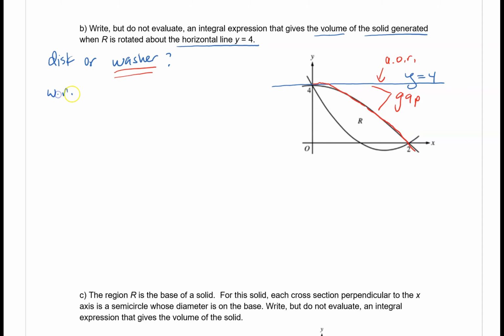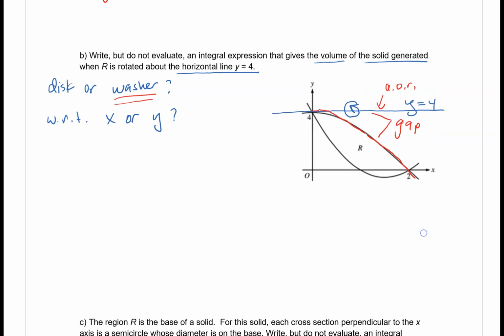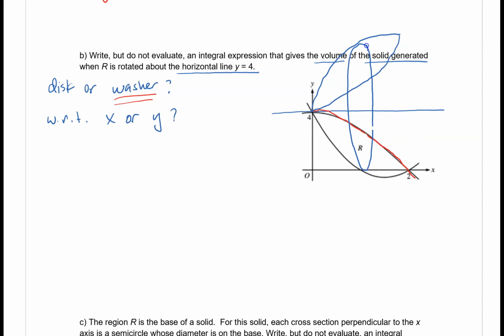The other thing you want to decide is whether or not you're going to integrate with respect to x or y. Now, because this rotation was around this horizontal line, it's kind of a vertical rotation. It's going to take this region and kind of flip it up this way. And your cross sections would look something like this. So it'd be these large circular shapes with these circular gaps in the middle.